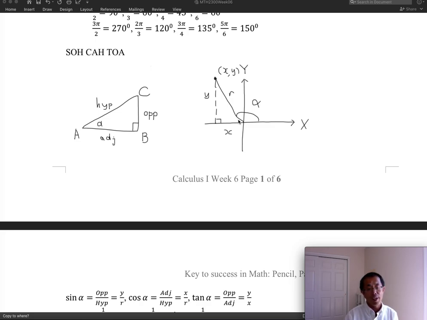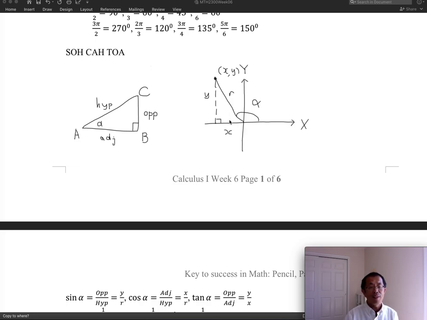That is the supplementary angle, correct? So you look at the supplementary angle inside the right triangle. With respect to this supplementary angle, the y-coordinate is the opposite side, x is the adjacent side, and r is the hypotenuse.